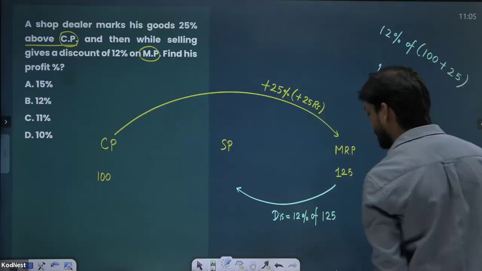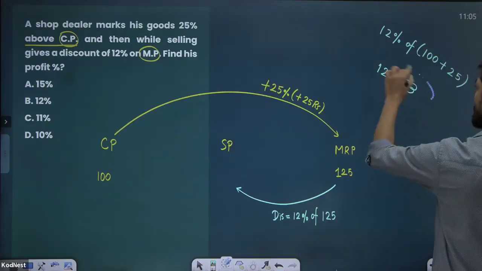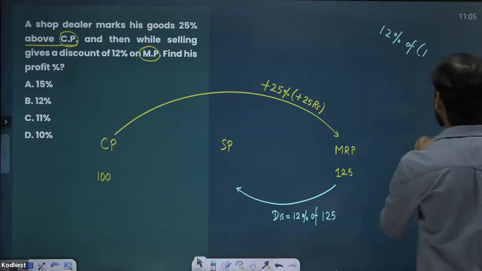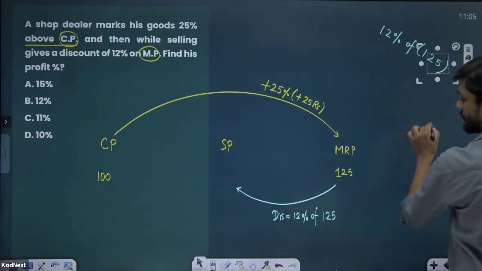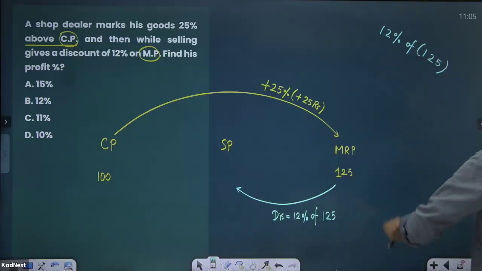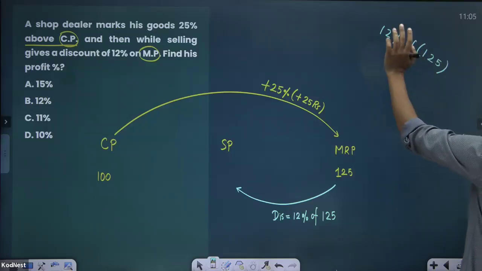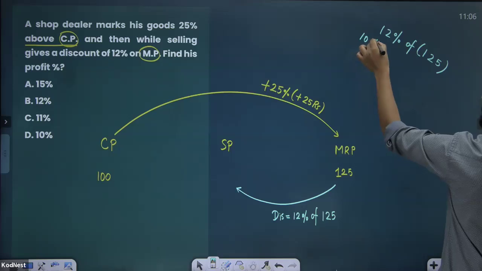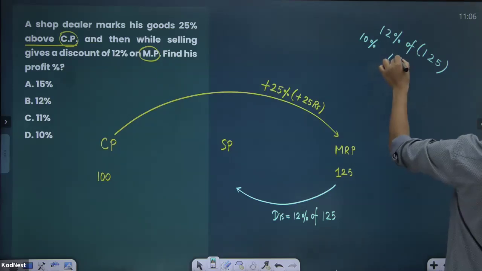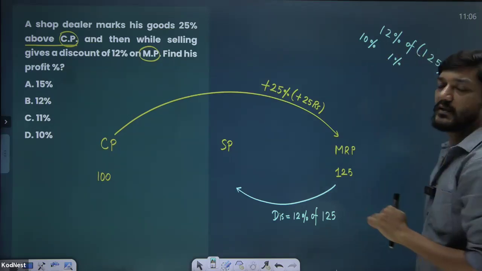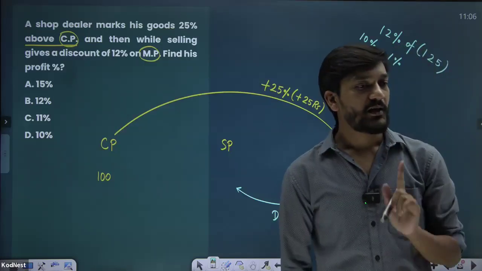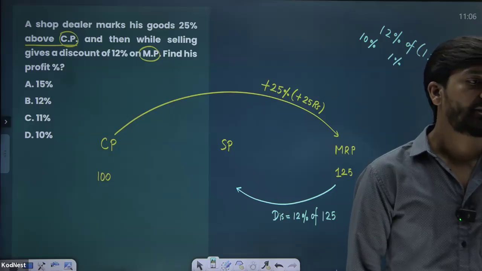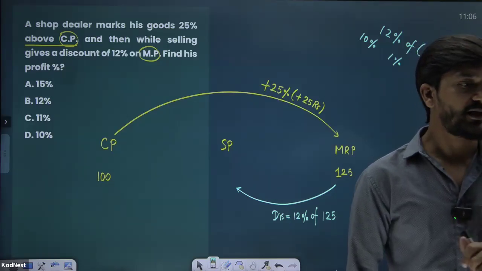The other way, let me show it this way. Don't tell me 12%. Tell me 10% and 1%. 10%, how much? 12.5. Okay, correct.